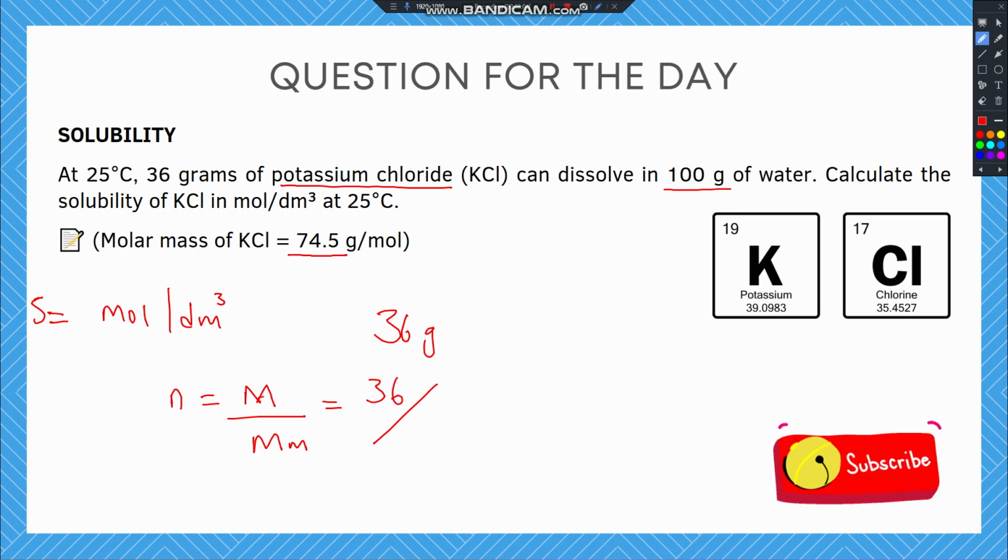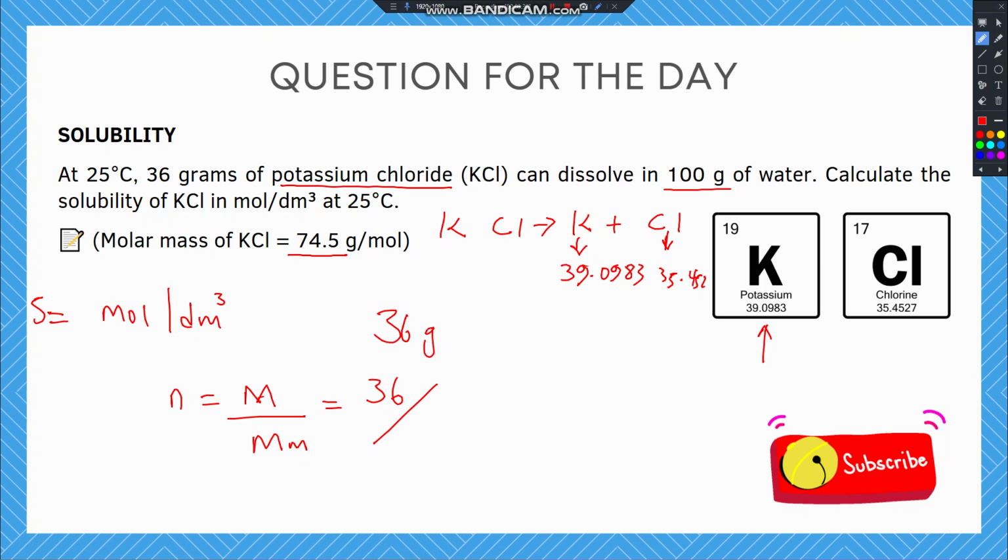If you're wondering how we arrived at that, the formula for potassium chloride is KCl. So we arrived at that by adding the atomic mass of potassium plus the atomic mass of chlorine. The atomic mass of potassium is 39.0983, as you can see denoted here. And the atomic mass of chlorine is 35.4527. So when we added the two of them, approximately it gave us 74.5.